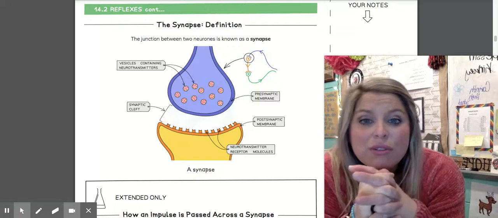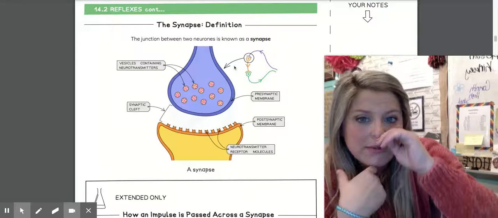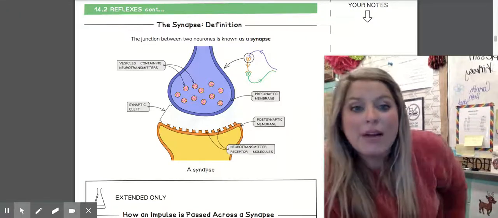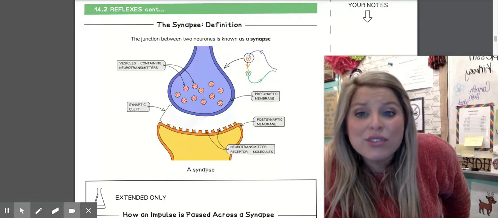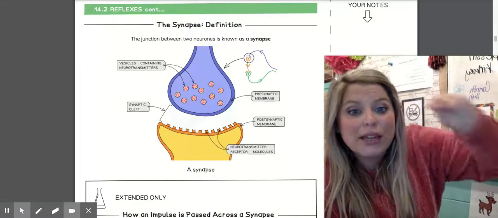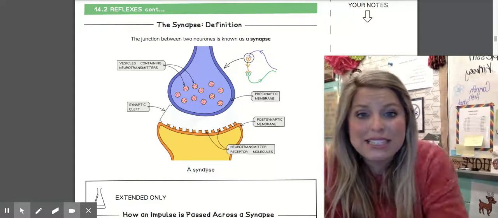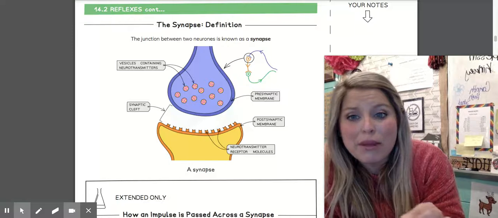All right, so when you look at, let's say, this purple structure here with the little balls inside of it, that would be a sensory neuron that contains the vesicles with neurotransmitters, that has that actual impulse of, hey, I just stepped on the tack. Okay, those neurotransmitters move down into the presynaptic membrane.